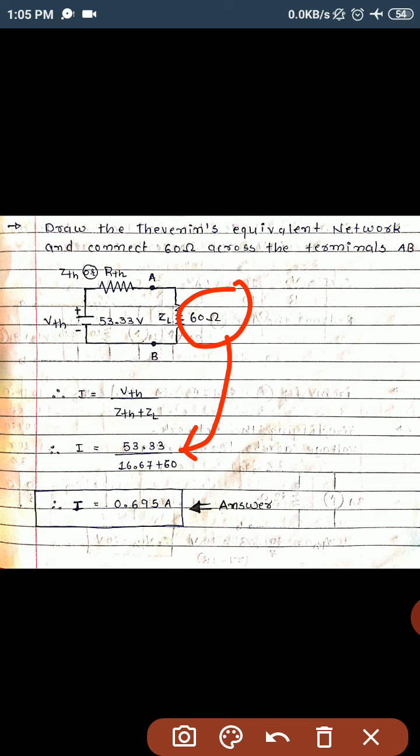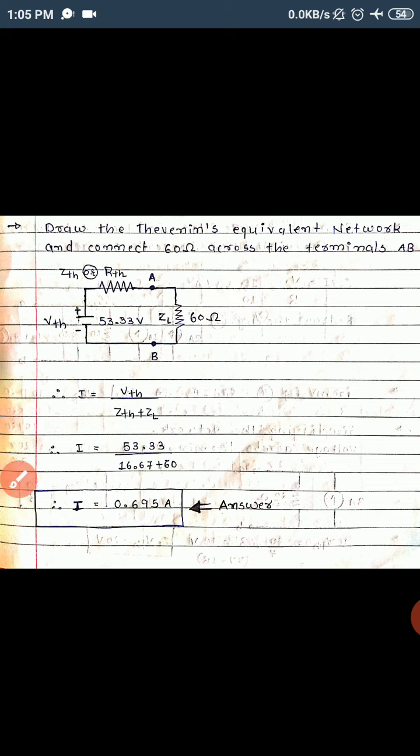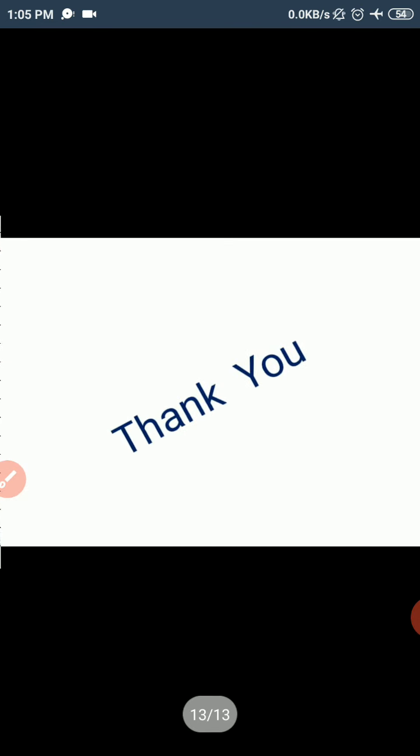Then develop the Thevenin equivalent circuit, connect network B again and apply the Thevenin current, I equals VTH upon ZTH plus ZL, and we get the value of I. So friends, this is all about Thevenin's theorem. In the next video we discuss more examples with different configurations of Thevenin's theorem. Thank you.